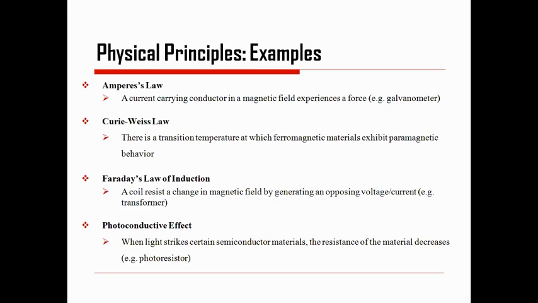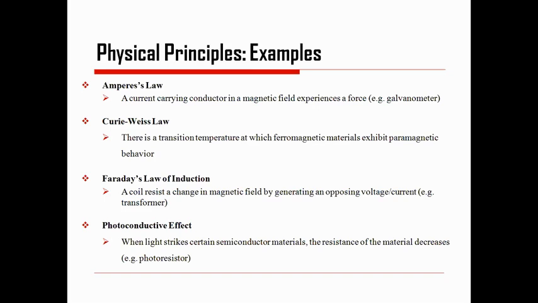Curie-Weiss law: there is a transition temperature at which a ferromagnetic material exhibits paramagnetism. And Faraday's law of electromagnetic induction: a coil resists a change in magnetic field by generating an opposing voltage or current. For example, your transformer. It may be a step up transformer, it may be step down.